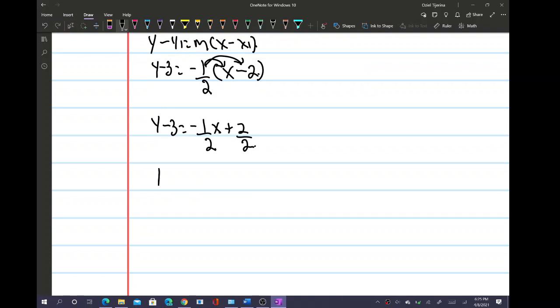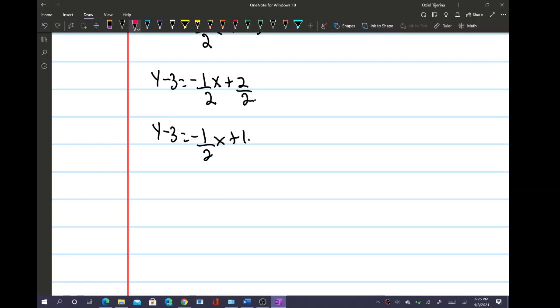So then you have y minus 3 equals negative 1/2 x plus 1. Then you add 3 on both sides: y equals negative 1/2 x plus 4. Okay.